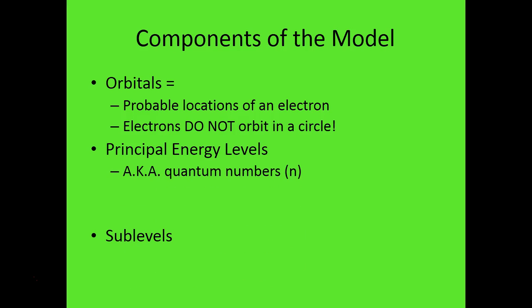The other thing here is we have energy levels. Similar to Bohr, there are energy levels here, but they're not exactly the same because they're not related to the perfect circular orbits. There are a total of 7 energy levels, 1 through 7.